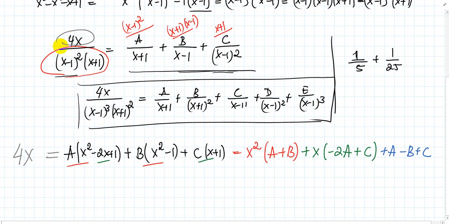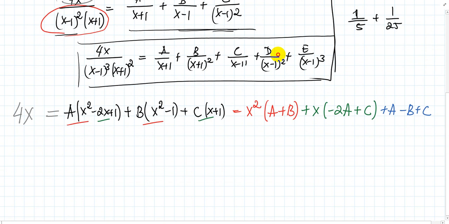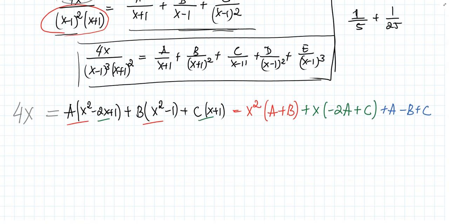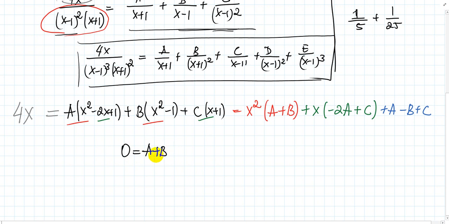Okay? So what is the coefficient in front of the x squared on the left-hand side? 0, right? There is no x squared, so the coefficient is simply 0. What is the coefficient before the x squared on the right-hand side? A plus b. Right?